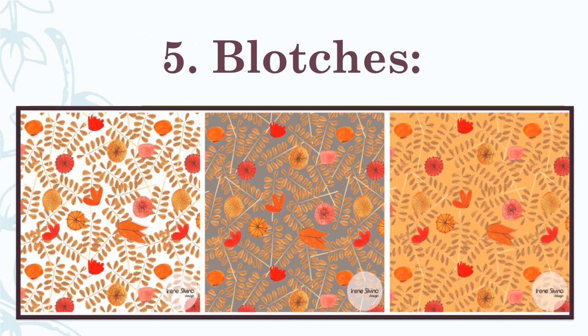And the last term in case of printing is blotches. Now you are observing 3 images of the same design in front of you. In the very first, you are observing a white ground and the leafy floral design is printed. In the middle you are finding a grey background.